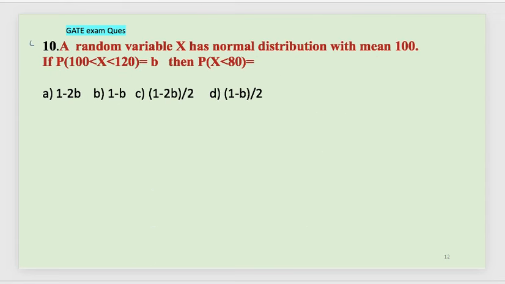The 10th question is also taken from a previous competitive examination booklet, which says the mean is 100. Graphically is the best way to deal with a question of the normal distribution, you can easily identify the whole structure.